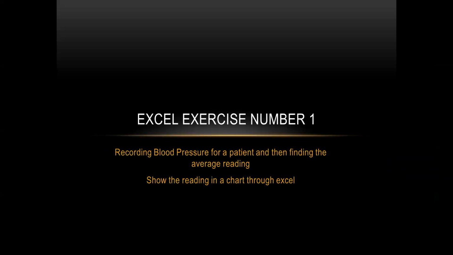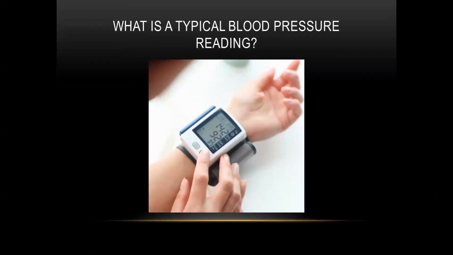Okay, so this is our exercise: we will be recording the blood pressure for a patient and finding the average reading. And we are going to show the reading in a chart through Excel. To begin with, you should know what a typical blood pressure reading is. We can see many numbers, but the two bigger numbers are the important ones: the higher number is called systolic and the lower number is called diastolic.